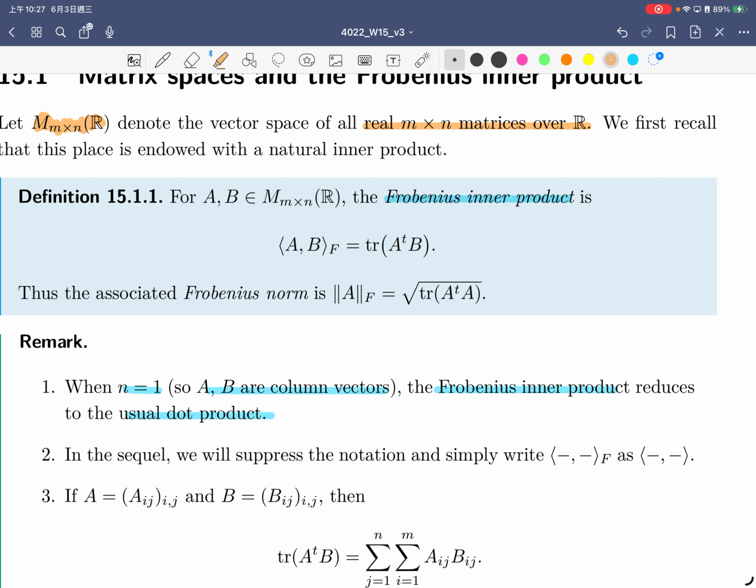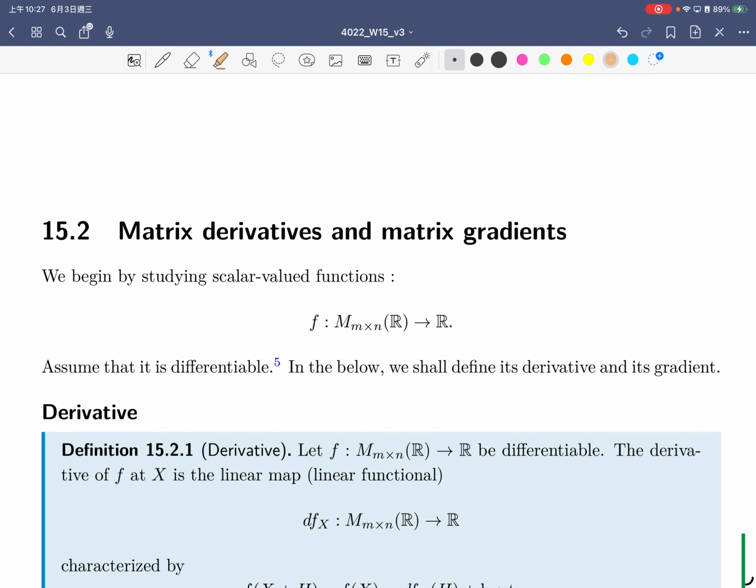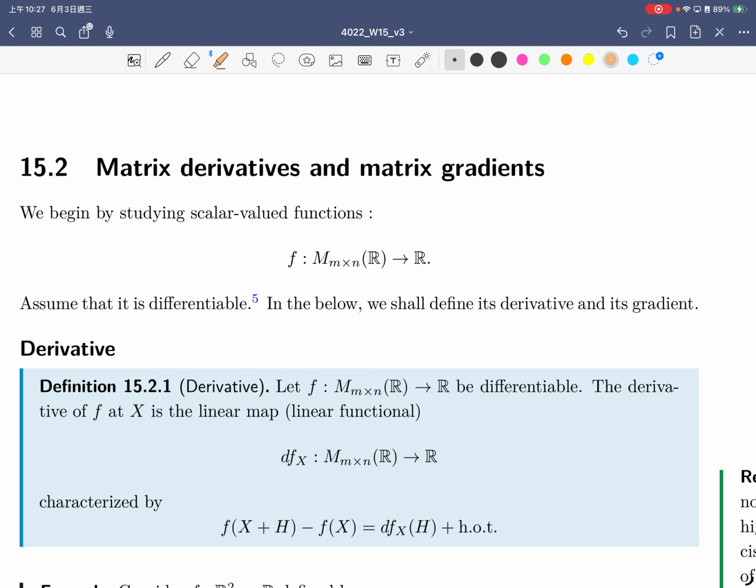We try to hide it from you, and one of the reasons why is that to define derivative in the multivariable setting, you need to know a little bit of linear algebra. So let's have a look. Now we focus on scalar-valued functions first, and then we'll work on a more general setting later. So we have a scalar-valued function, and as such the domain is a space of matrices.